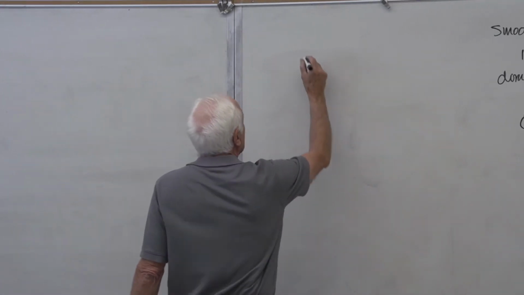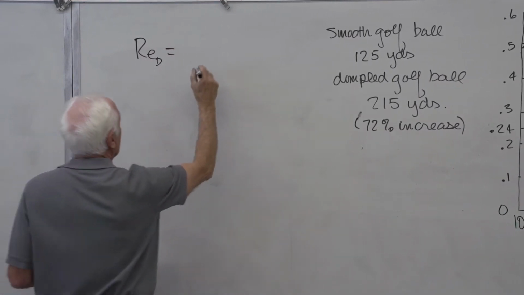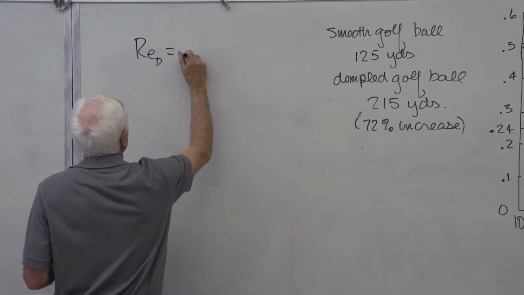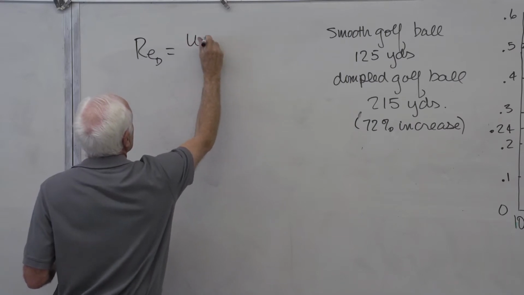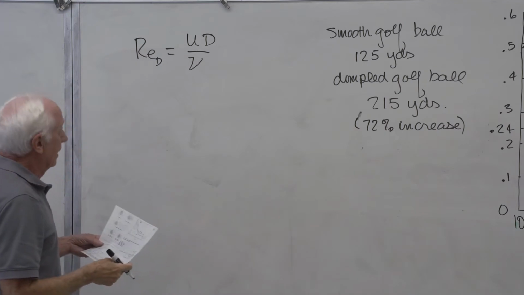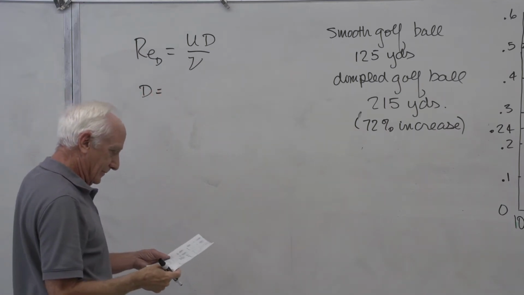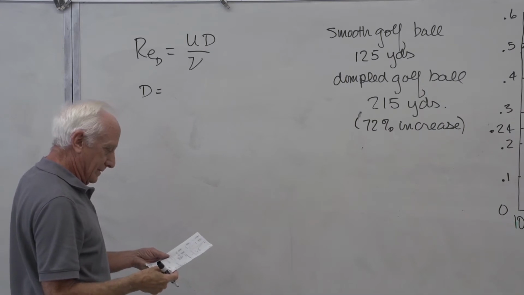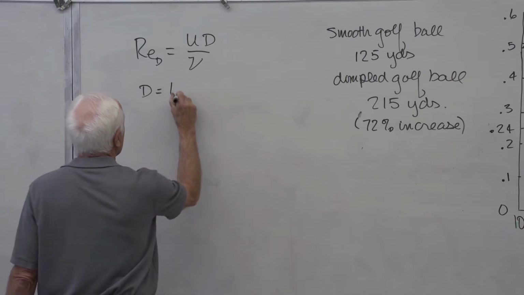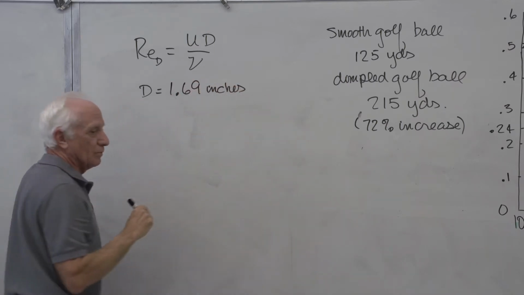Okay. Let's see where we are in Reynolds number. So let's do our U times, let's do it this way. That's probably the easiest. Diameter of a golf ball is 1.69 inches. Divide it by 12, get it in feet.